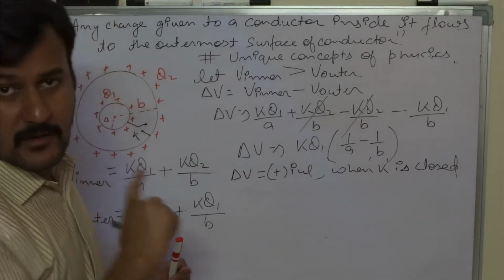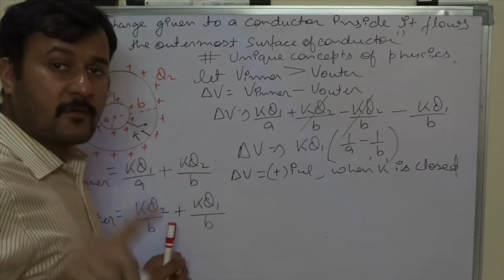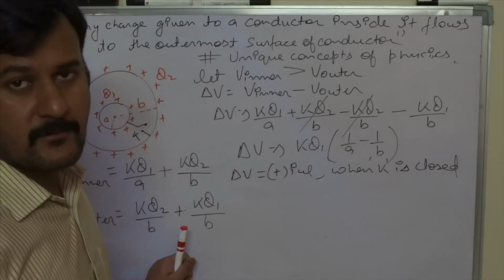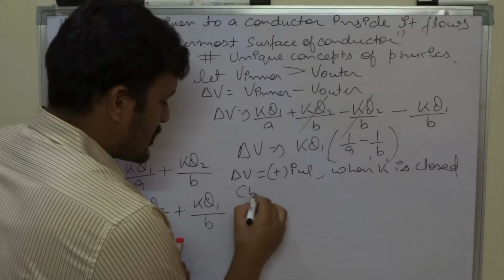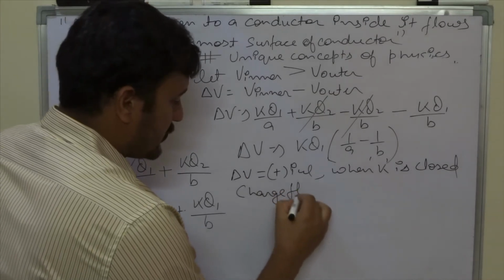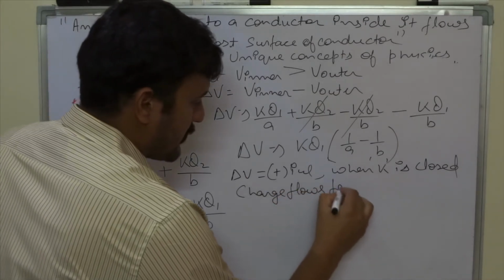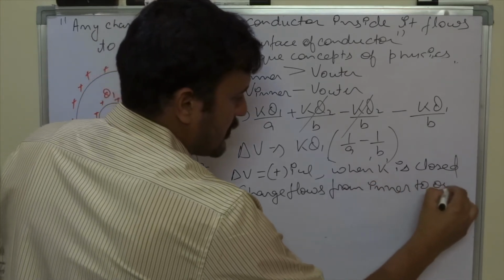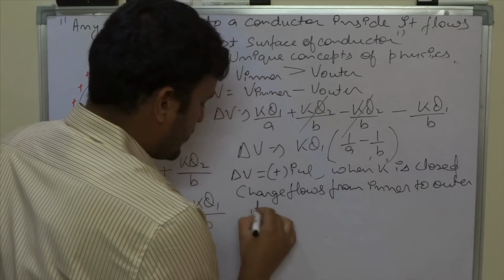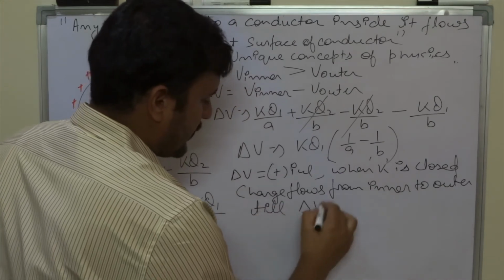So when we connect these two spheres, charge will flow from inner to outer sphere. And how much? Till delta v becomes 0.